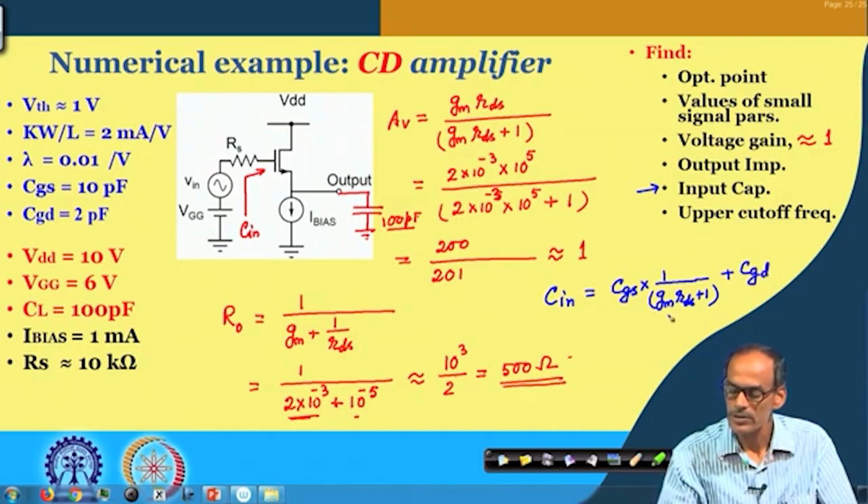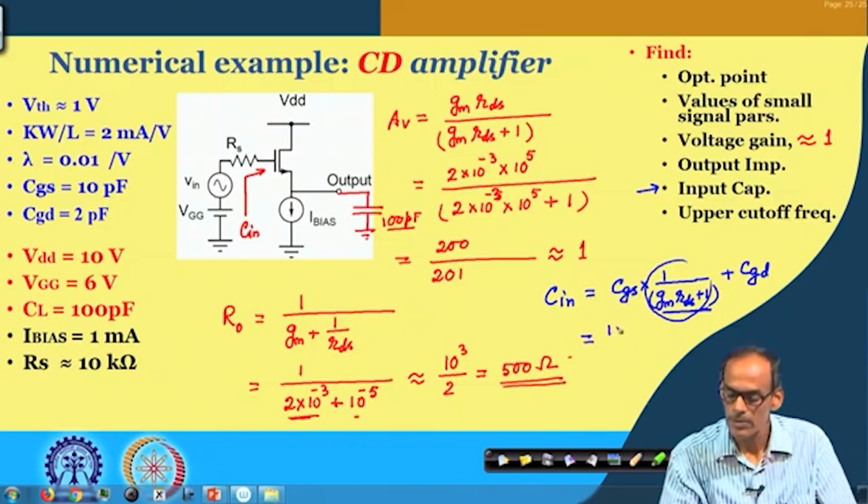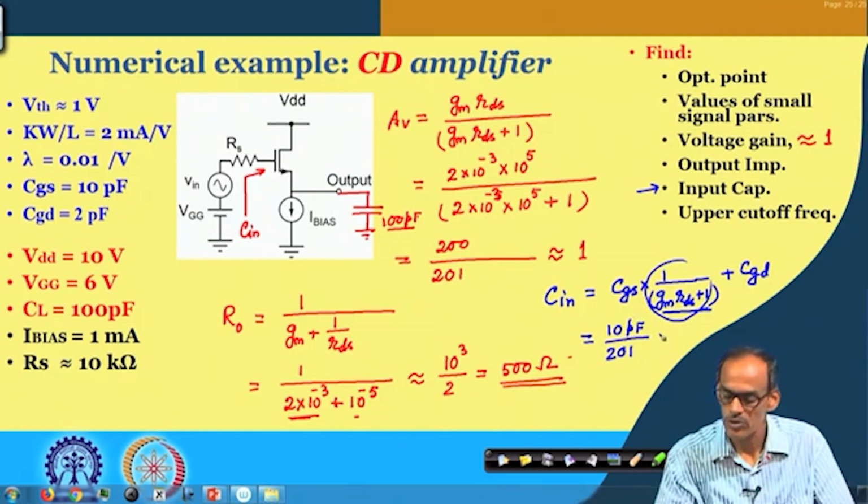This part of course is 201. So we may drop this part, or rather I should say CGS we have the 10 picofarad divided by 201, and CGD is 2 picofarad.